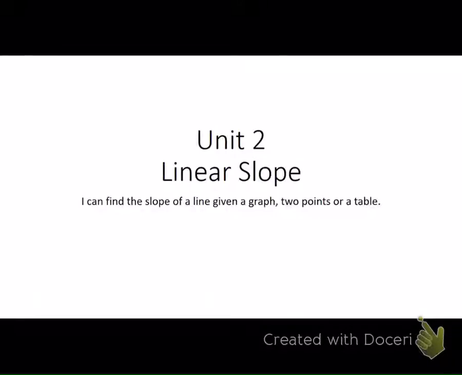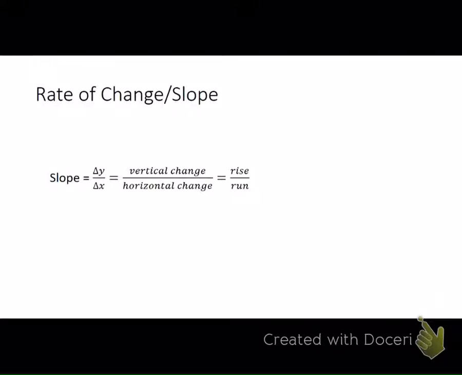All right, you know what slope is, hopefully, at this point, but slope is the rate of change. This little symbol here you may have seen on sorority or fraternity shirts. It's the delta symbol. It means a change. So this means a change in y.